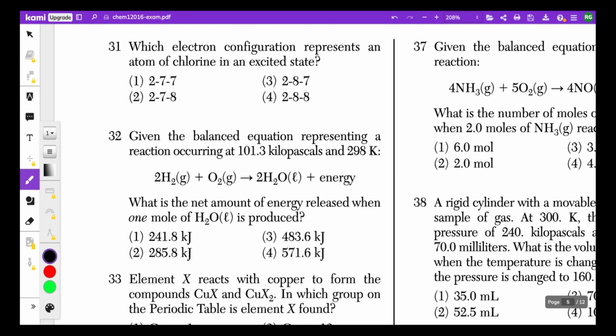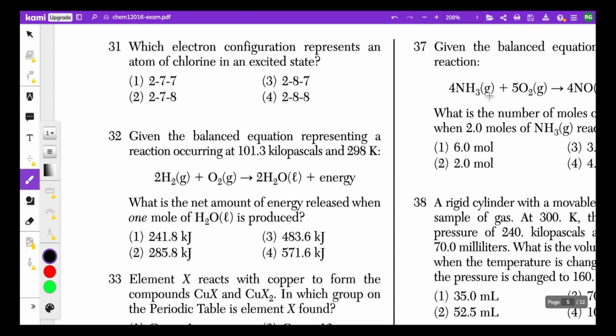Now, chlorine, if you scroll to your periodic table, has an electron configuration of 2, 8, 7. This means that if you have an atom of chlorine, in your first shell you have 2 electrons.